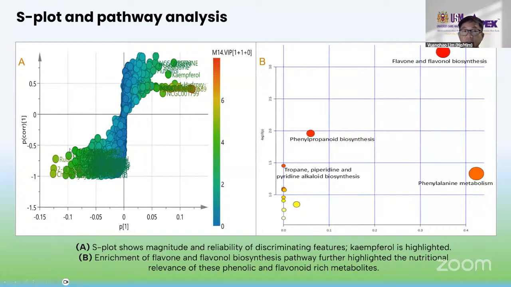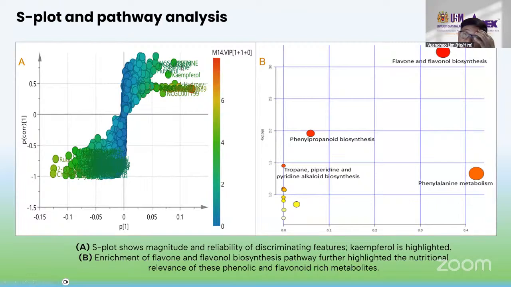So we did an S-plot and also the pathway analysis. So we could see that once the significant metabolites were identified, the S-plot helps to prioritize the potential biomarkers, where some of the metabolites that are located at the end of the S-plot have both reliability and also high concentration or contribution to the sample discrimination. So there are differences between the leaf and also the rhizome.